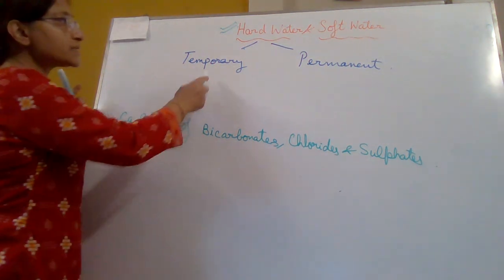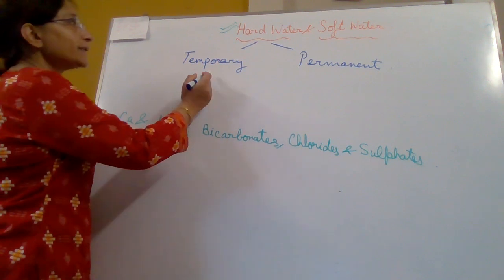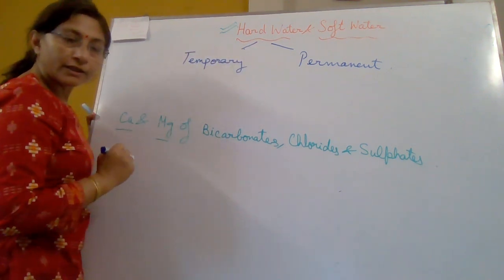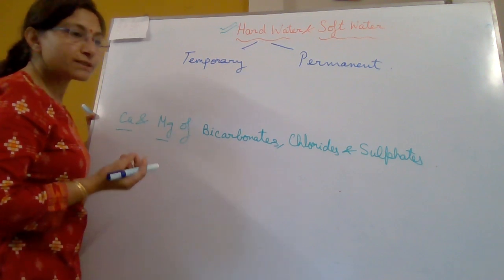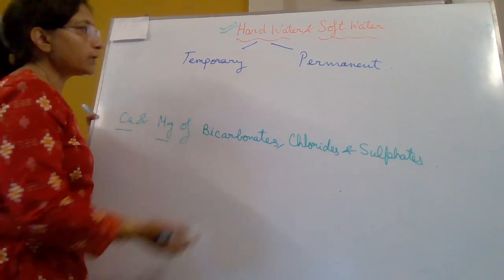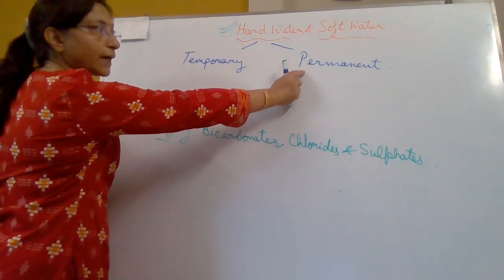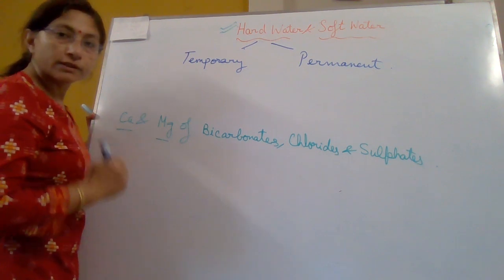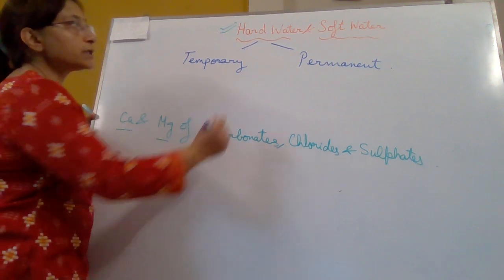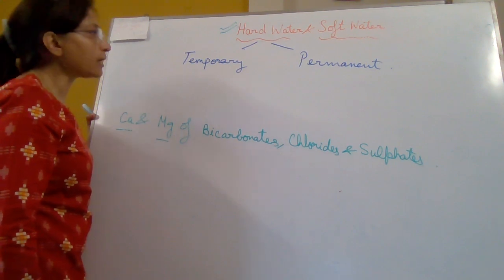Now, what do you mean by temporary hard water or permanent hard water? A water whose hardness can be removed using simple methods, that we call temporary hard water. But the type of water which we have to make undergo certain chemical treatment will be considered permanent hard water.